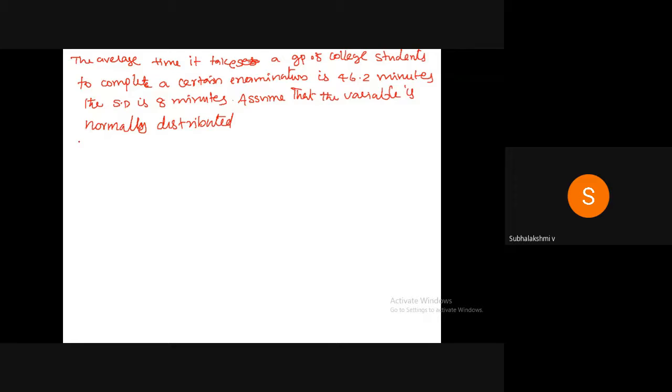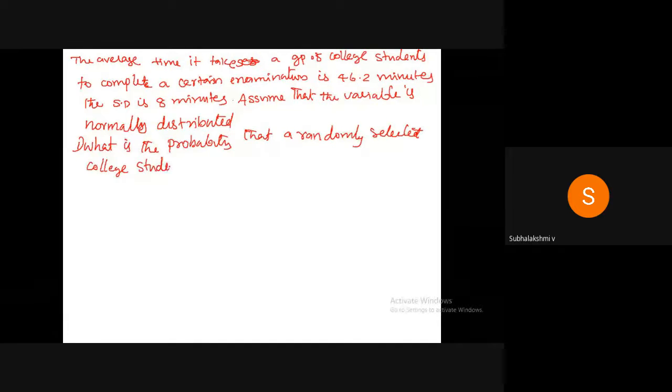First one: what is the probability that a randomly selected college student will complete the exam in less than 43 minutes?